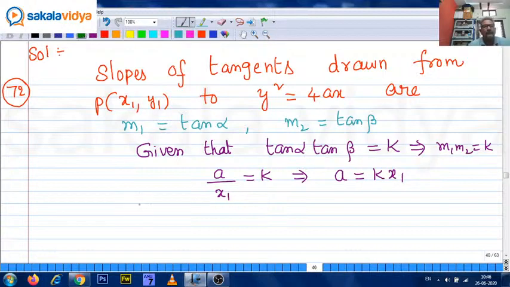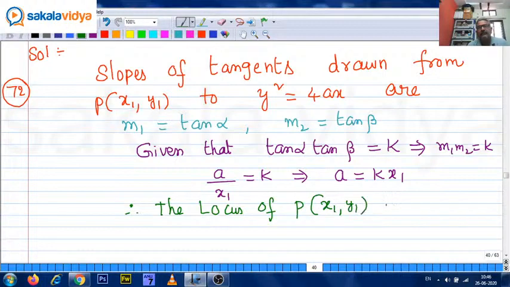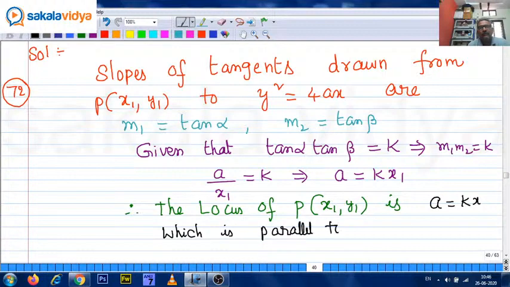Therefore the locus of P(x1, y1) is a equals kx, which is parallel to the y-axis.